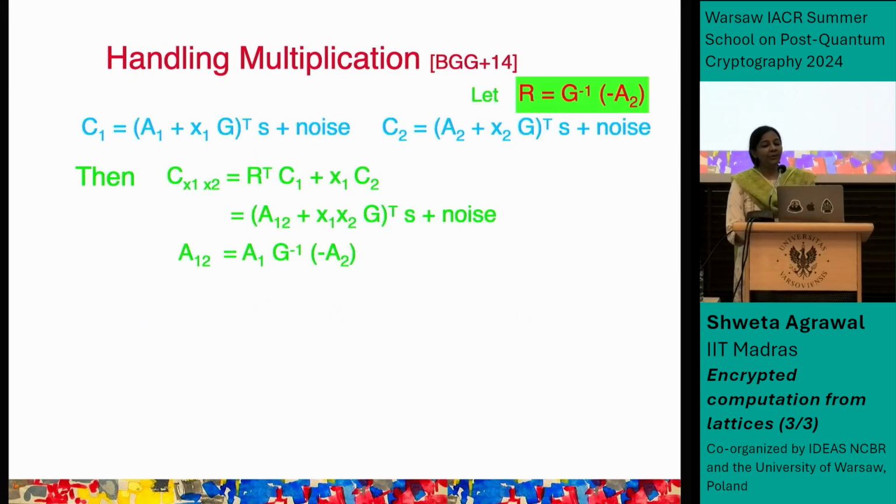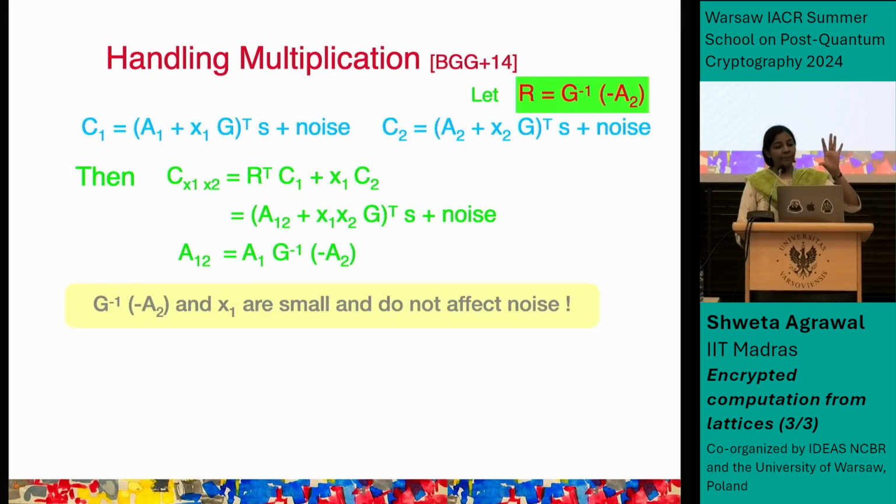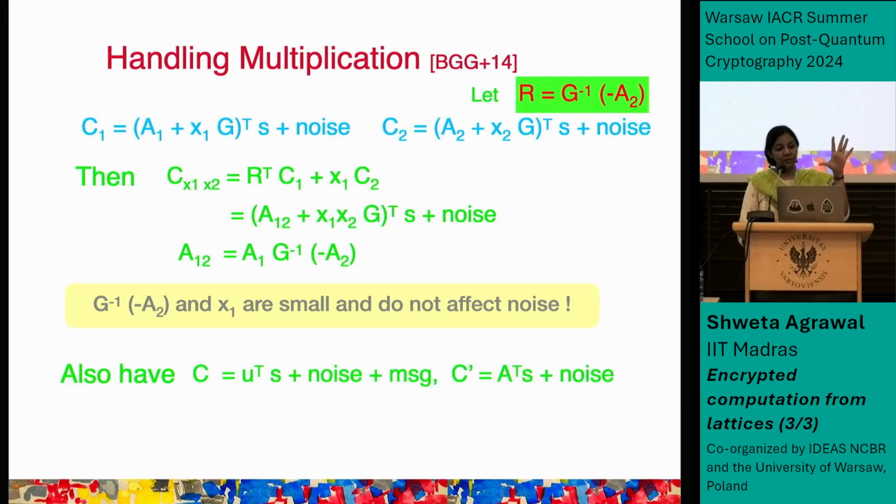So now I need to do the same thing within LWE. So now there's also this s plus noise, right? But nothing that I did was blowing up the norm. G inverse of minus A2 and x1 are both small, and they don't blow up the noise.